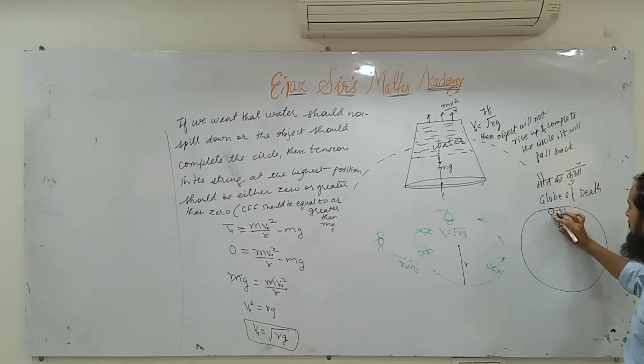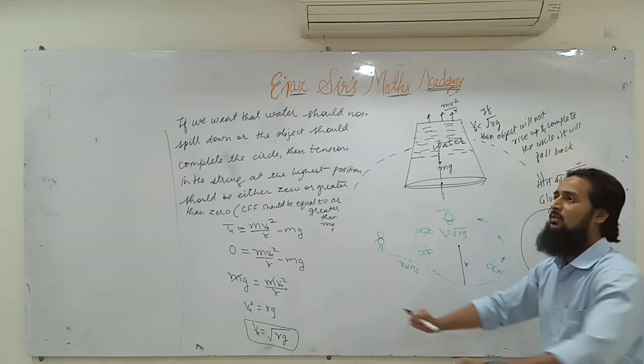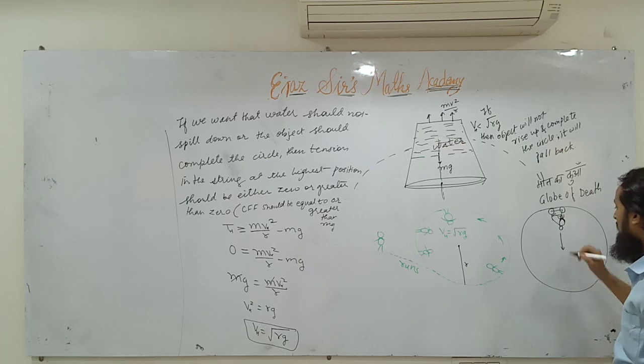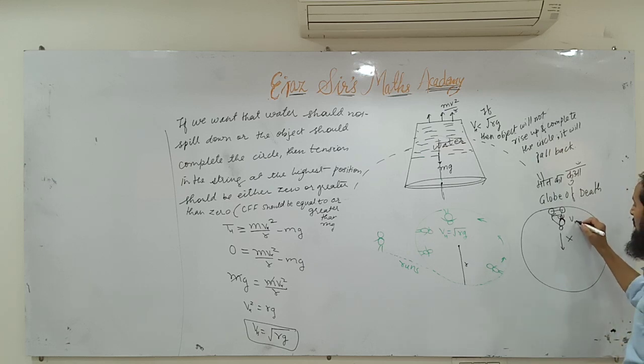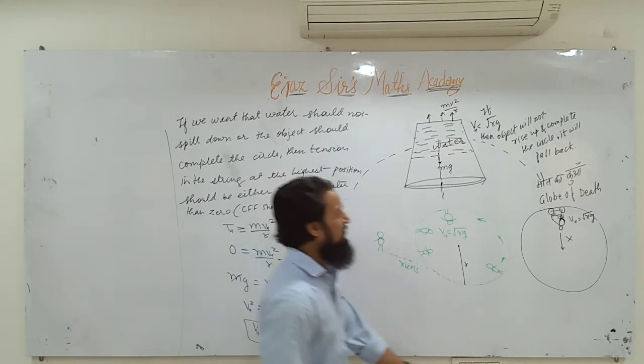My drawing is not very good. You have to imagine. He goes up, all the way up, and he does not fall down. Why? Because his velocity at the topmost position is either equal to or greater than root rg. That's why the person does not fall down, he moves up.